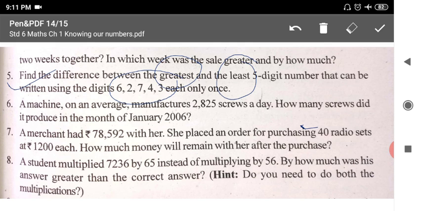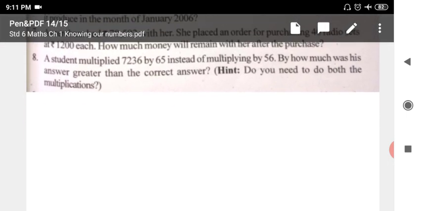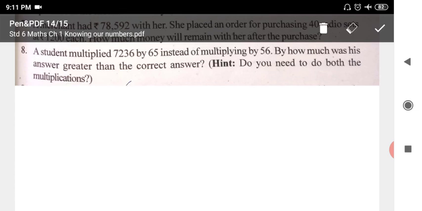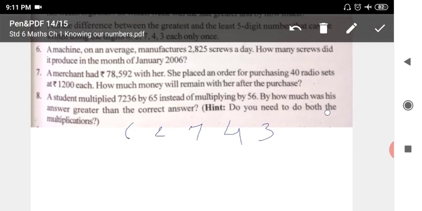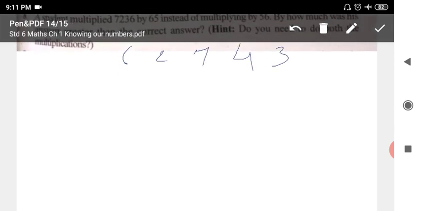So let us see here. The digits are 6, 2, 7, 4, 3. These are the 5 digits. Now we have to form first the greatest one and then the least one.